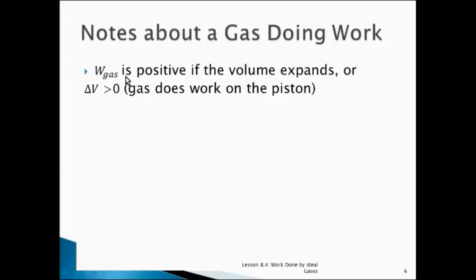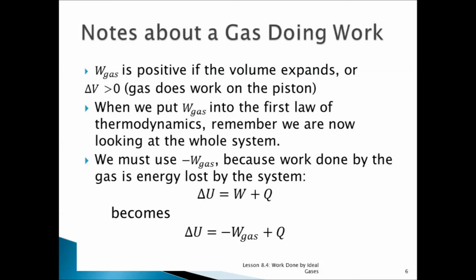Now, the work done by our gas is going to be positive if the piston is expanding or if the volume change is greater than 0. But we're going to have to consider this positive work within the whole system. When we put the work done by the gas into the whole system, the work is actually going to exit the system into the environment.